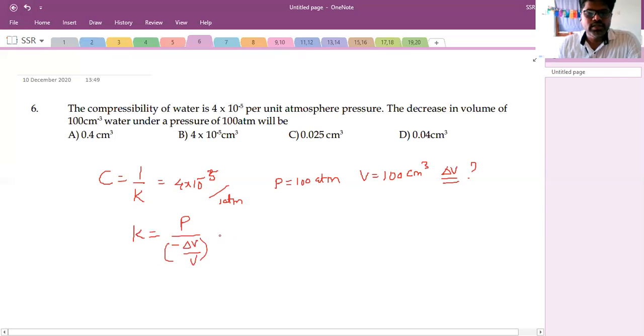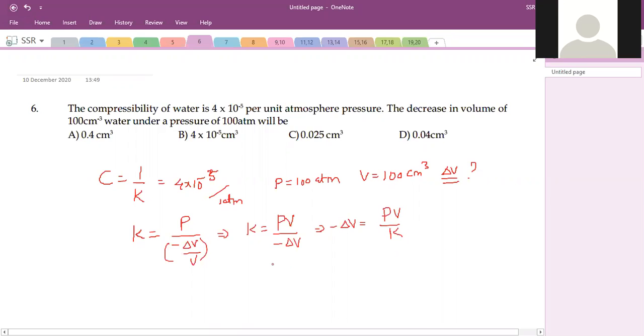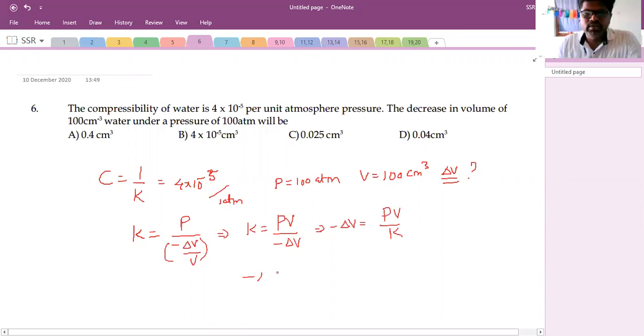K is equal to P into V by minus delta V. Then minus delta V is equal to P into V by K, which is P into V into 1 by K, that is C, compressibility. Then you can substitute.